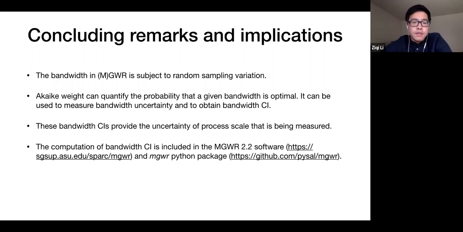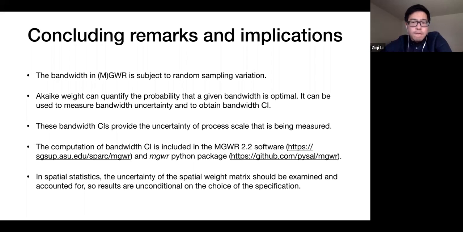We include this confidence interval in two software tools, the MGWR 2.2 software and also the MGWR Python package. For one implication, what I think is most important is that in spatial statistics, we should be investigating the uncertainty of our spatial weight matrices, because in GWR, the bandwidth is actually controlling the spatial weight matrix.